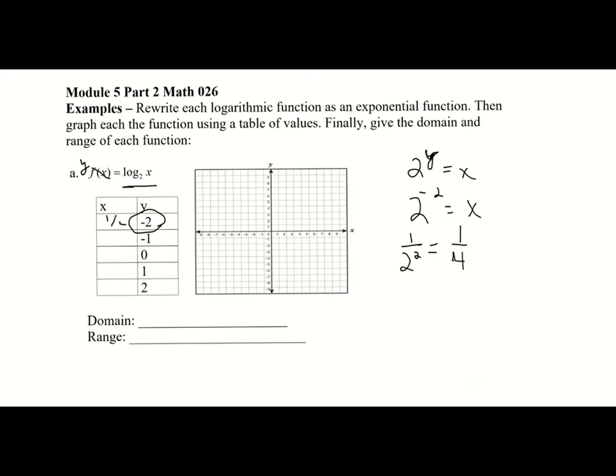So we'll put our 1/4 there. 2 to the negative first power is equal to 1/2, as again, you flip it to make it positive. 2 to the 0 power is always going to be equal to 1. 2 to the first power is going to be equal to 2. And 2 to the second power is equal to 4.